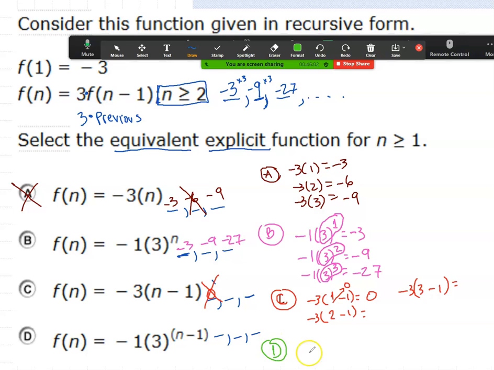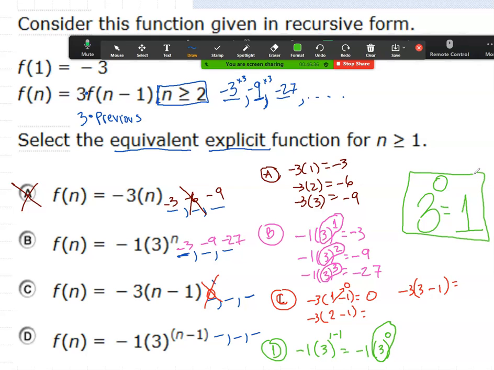Let's look at D. So for D is negative 1 times 3 to the power of 1 minus 1. When you are dealing with exponents, well, let me do 1 minus 1 first. So this is 1 times 3 to the power of 0. Let's do exponents first. So 3 to the power of 0 is 1.